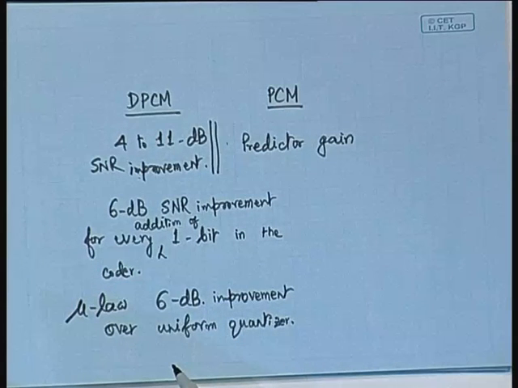Because of its very basic characteristics, we are having a finer quantization for the more probable portion of the signal. For more probable values of the signal we are having finer quantization, and for less probable values we are having coarser quantization. So that gives us a 6 dB improvement, which we already talked of.